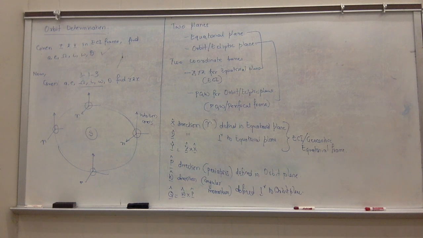So you're actually changing the argument of periapsis. You see how I went from the equatorial ECI frame to 3, 1, 3.